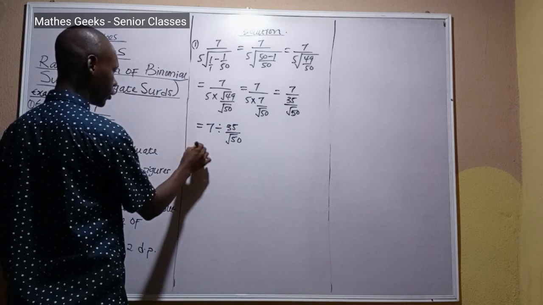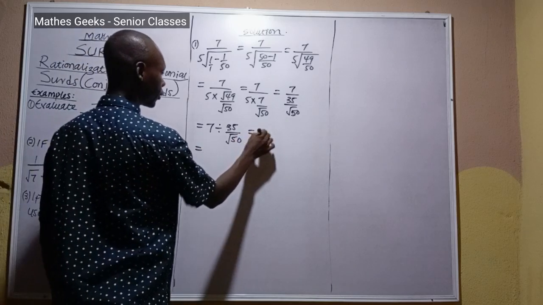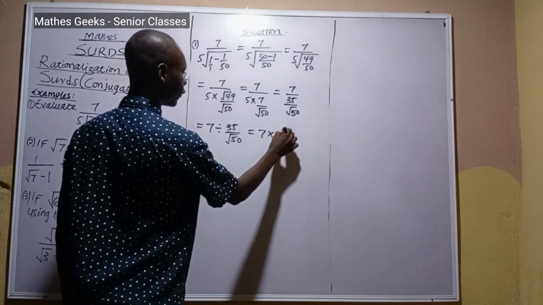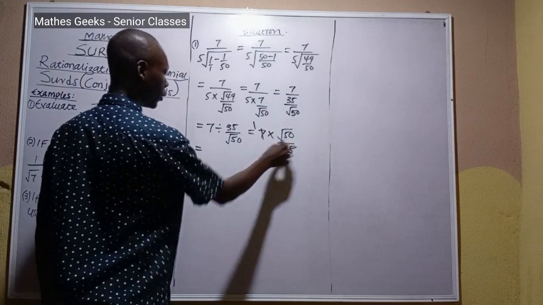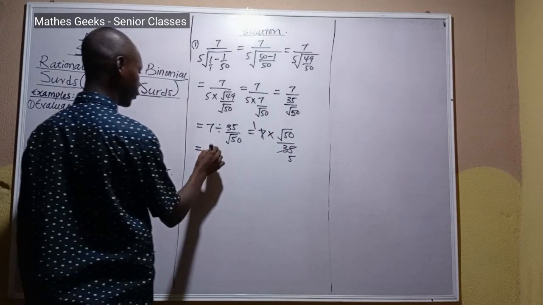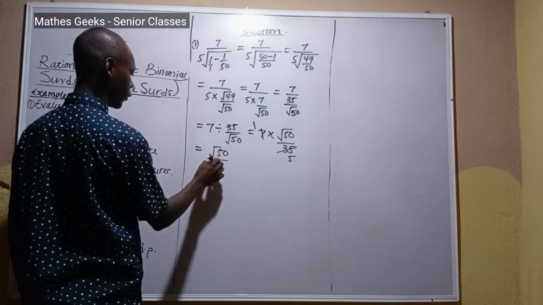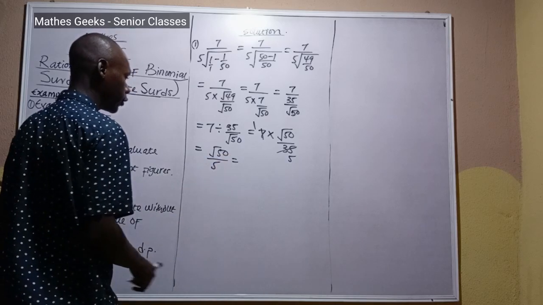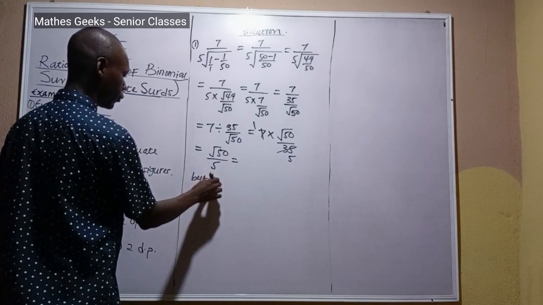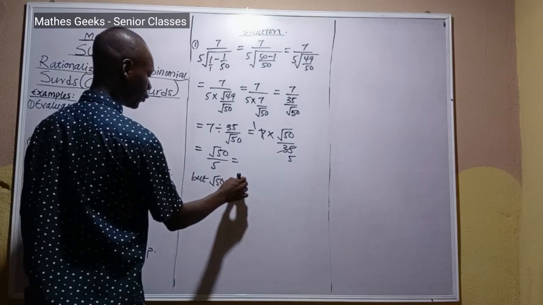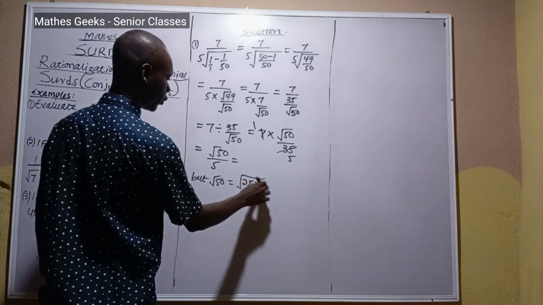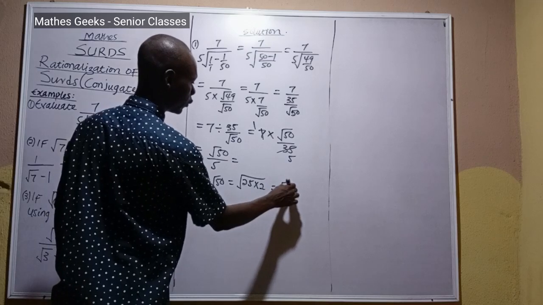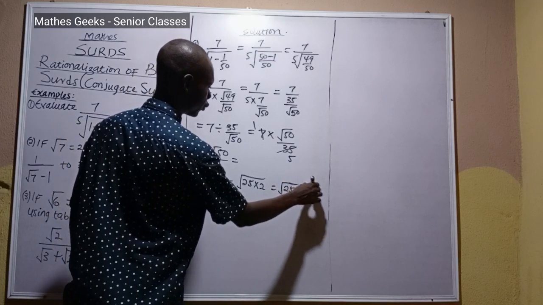And of course this is equal to 7 times root 50 over 35. 7 here 1, 7 here 5. So root 50 over 5. Root 50 is equal to root 25 times 2, which is equal to root 25 times root 2.